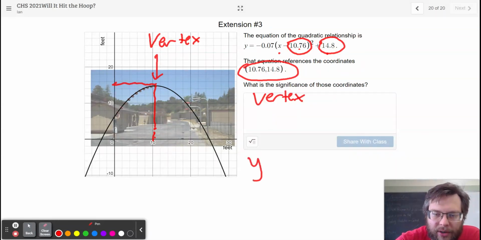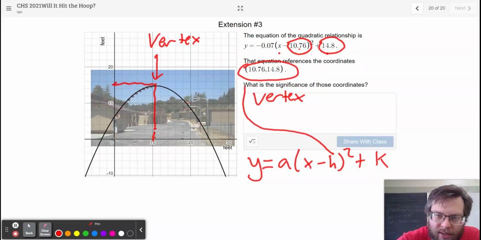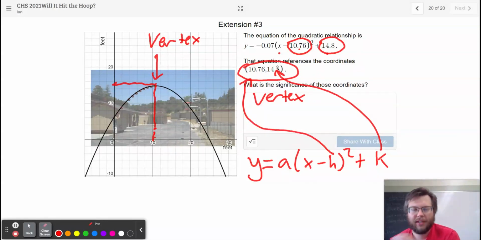In general, you're going to have equations that look like this. And the important thing to remember is that the x value is inside the parentheses, the y value is outside the parentheses. Something we'll work on, and I'm not going to spend time talking about it right now, is why is it subtracted on the inside of the parentheses and added on the outside of the parentheses?